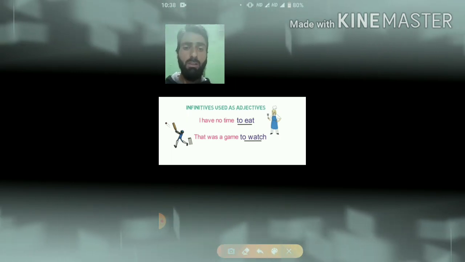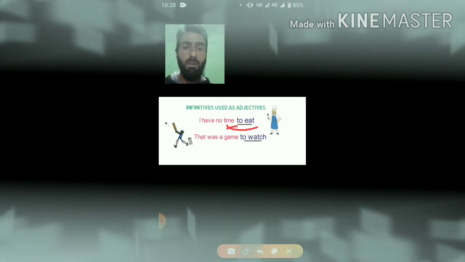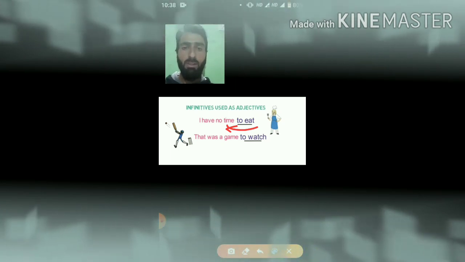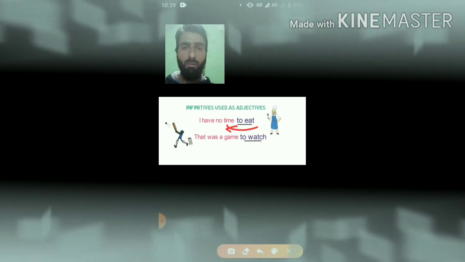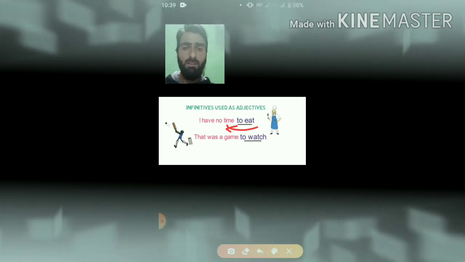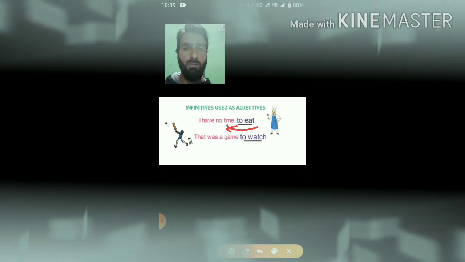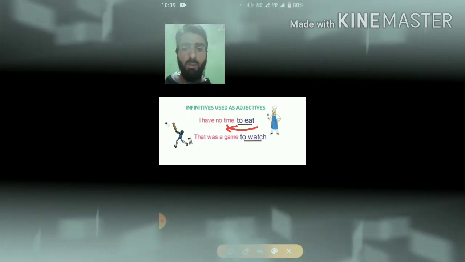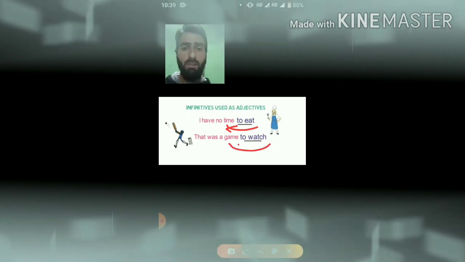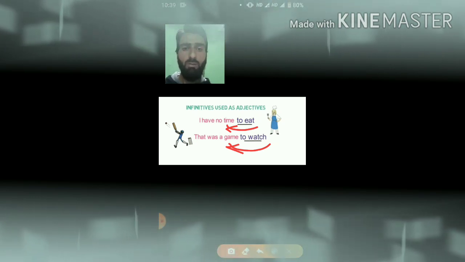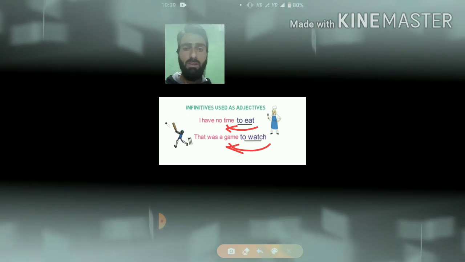So here to eat tells us about time, and we call it an adjective. Though it is an infinitive, it is used as an adjective in this sentence. In the second sentence, that was a game to watch. So to watch qualifies the noun game. So it is also used as an adjective in this sentence.